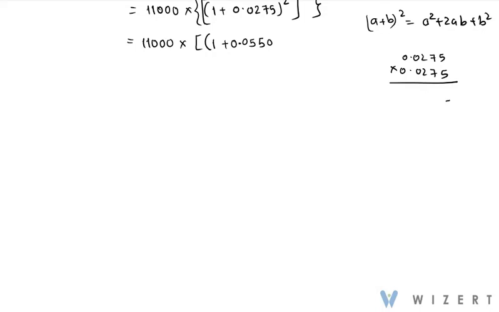So 5 5s are 25, and 27 will be multiplied by 28, which is equal to 756.